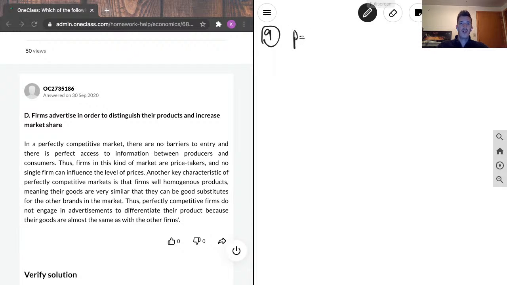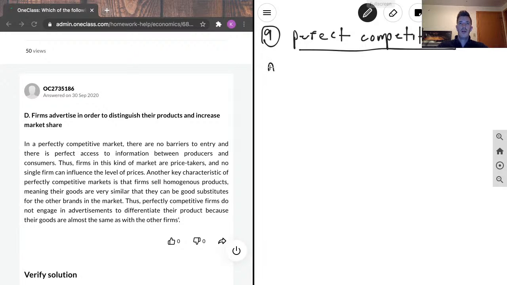I'm just going to go over the characteristics of a perfectly competitive market. They've already mentioned a couple of them.